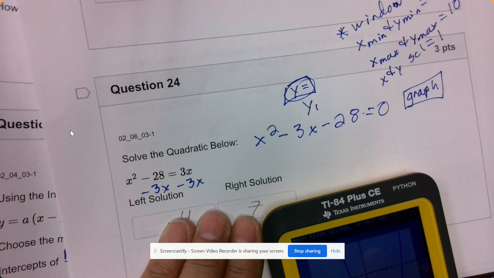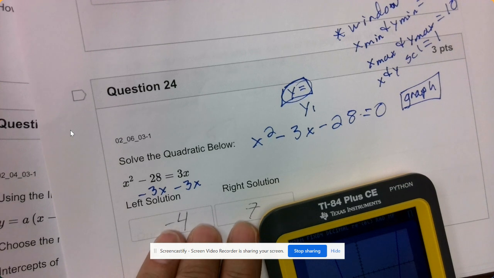Okay, so we graph it, clear that one. I just put in x squared minus 3x minus 28. I graph it. Okay, we get -4, so it's going to be right here, and 7.